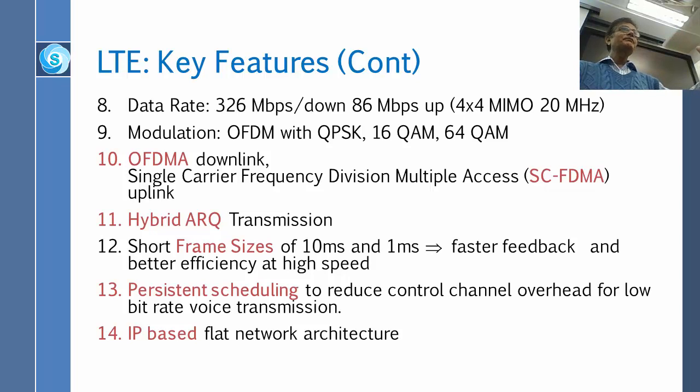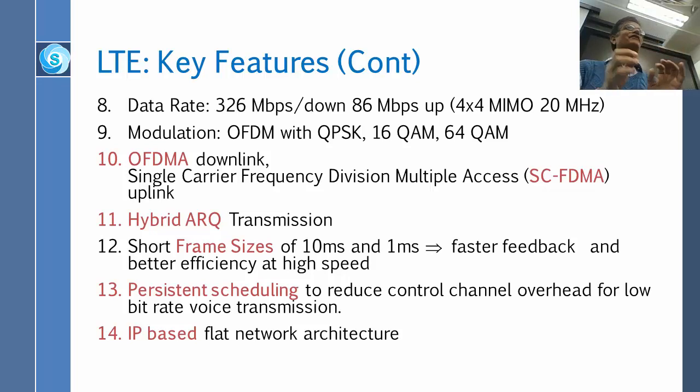That is OFDM. And OFDMA is that now you give everybody a particular time slot and a particular number of carriers, and you divide among all the users so that they can use it in parallel. This is like CDMA, but there is no code. You're given a number of carriers and the time. That is OFDMA.